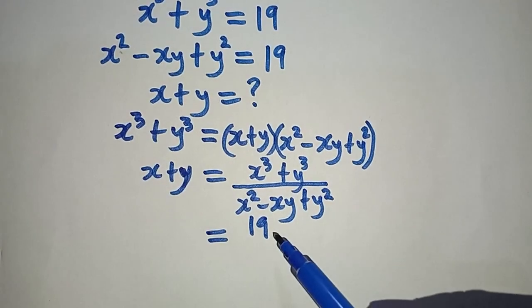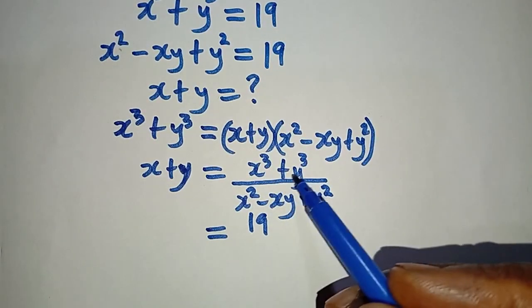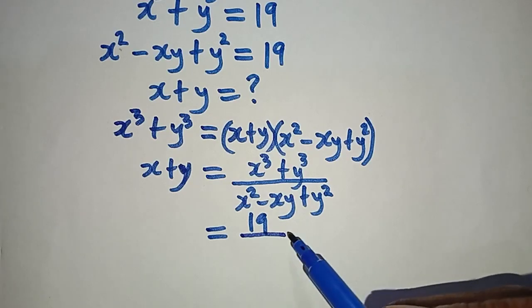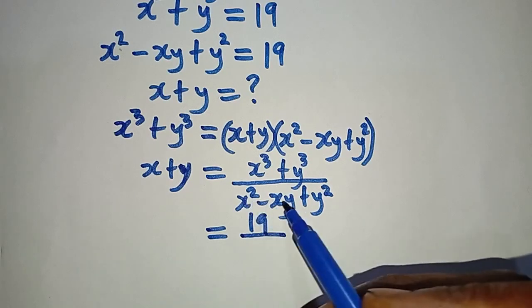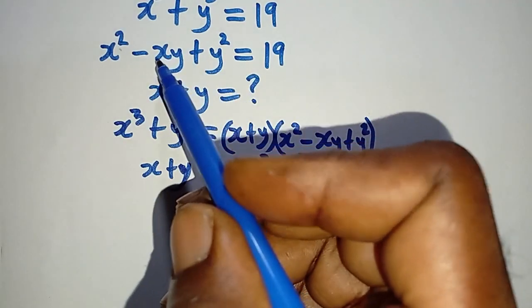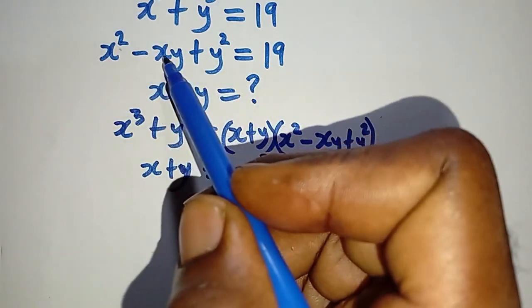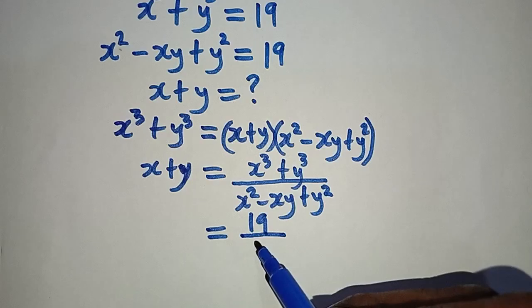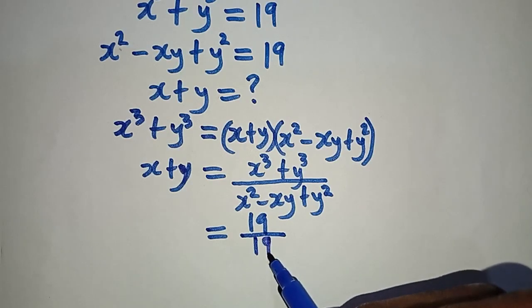So what I now have here is my x raised power 3 plus y raised power 3 is 19. Then all divided by this value, which is also 19 from here. You can see it. This x squared minus xy plus y squared is 19. So I also divide by 19.